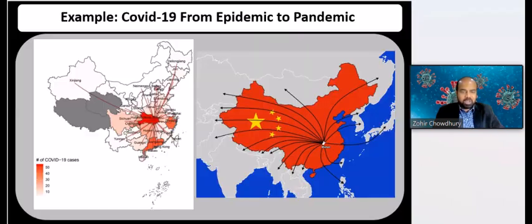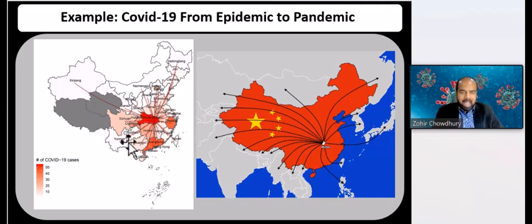A common example we experienced recently is the COVID-19 worldwide pandemic, due to the high contagiousness of the virus. This figure illustrates the geographic distribution of COVID-19 cases in China, here to the left. The dark gray area indicates the region with zero COVID-19 cases as of 23 January 2020.